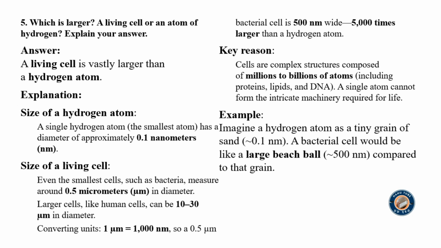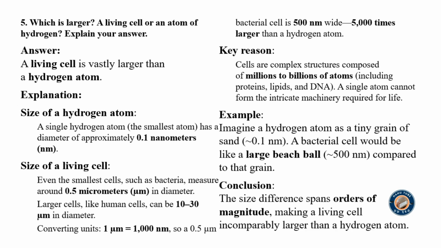A bacterial cell would look like a large beach ball, approximately 500 nanometers, compared to that grain. Therefore, the size difference spans orders of magnitude, making a living cell incomparably larger than a hydrogen atom.